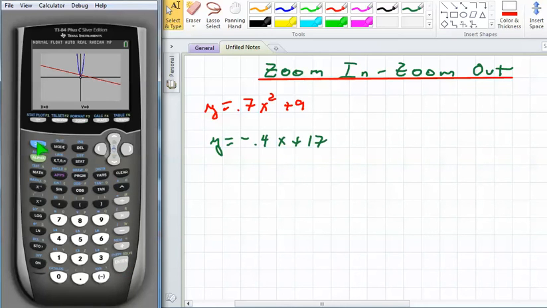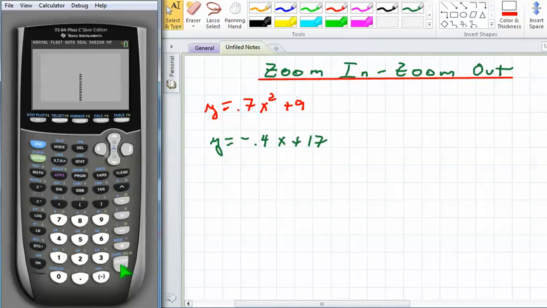So now let's zoom in. We hit zoom, and now we go to in, and now we want to get closer. But I want to zoom in around the intersection. So I put my cursor up to what looks like the intersection, and my cursor then will end up in the middle of my screen.